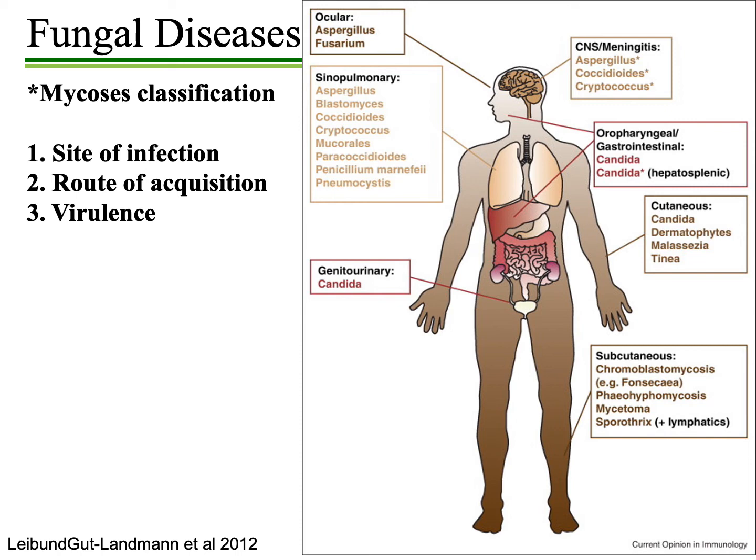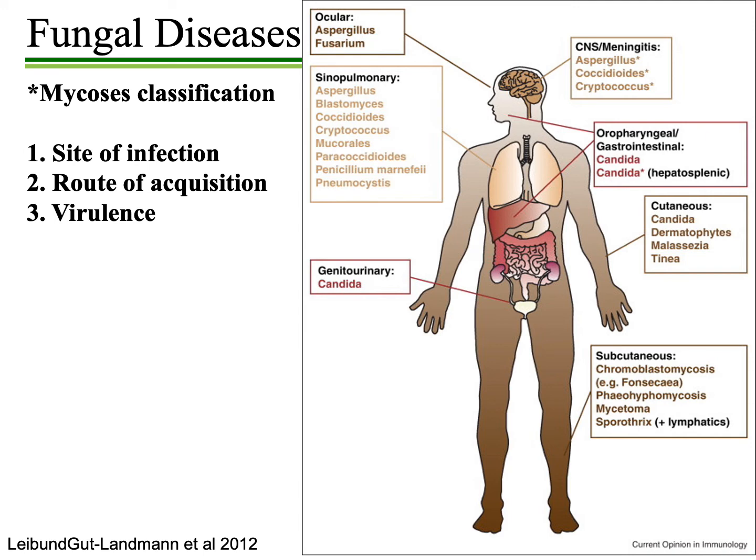Fungal diseases are in fact very diverse because of the diverse types of fungi that we know exist. When we talk about fungal diseases, these are collectively referred to as mycoses and can be classified in 3 different broad ways. The disease or the mycosis can be classified because of the site of infection, where the infection takes place.